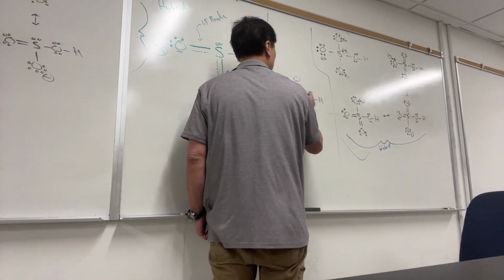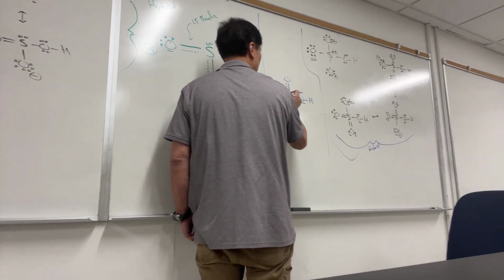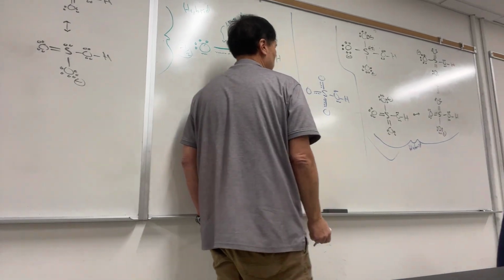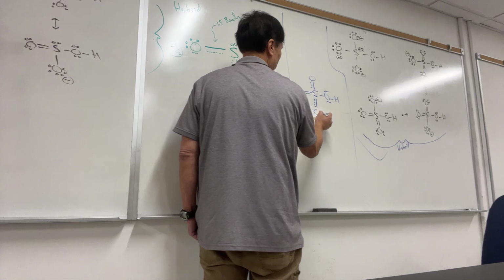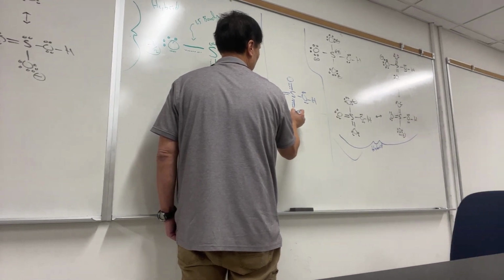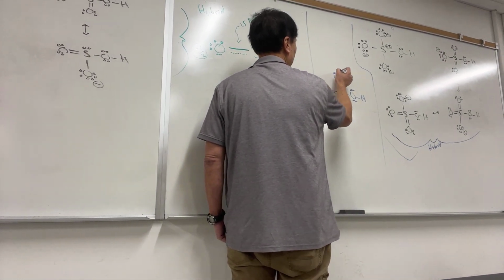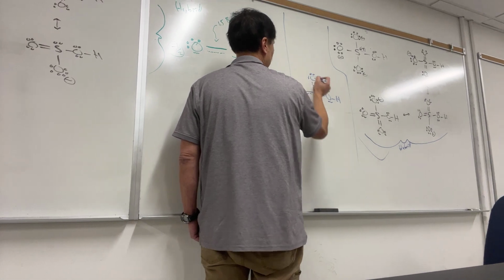So the pi bonding electrons are smeared out over these 3 bonds like that. And then we have 2 lone pairs that are fixed on each, and then a lone pair that's spread out over the 3 oxygens here.